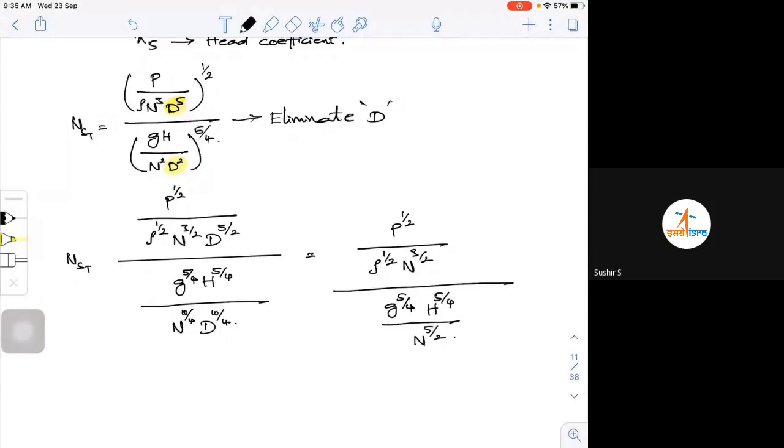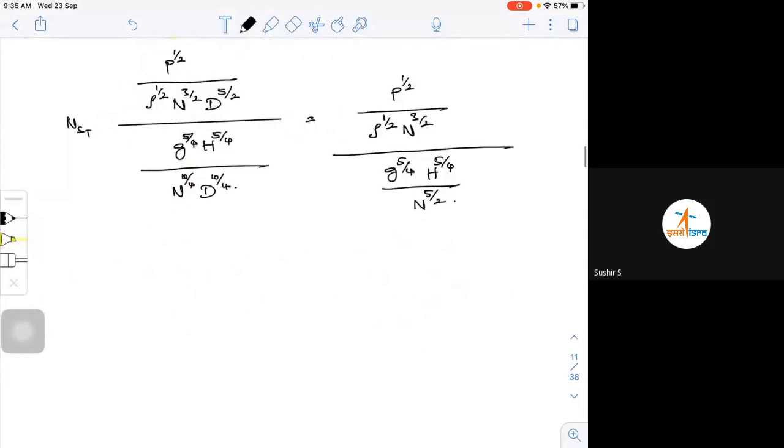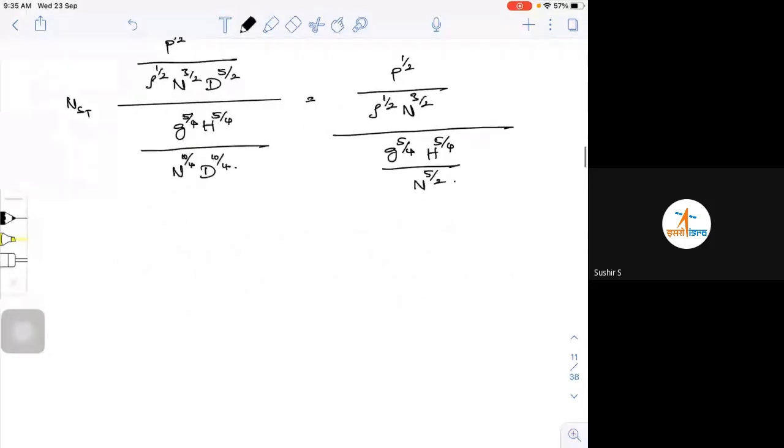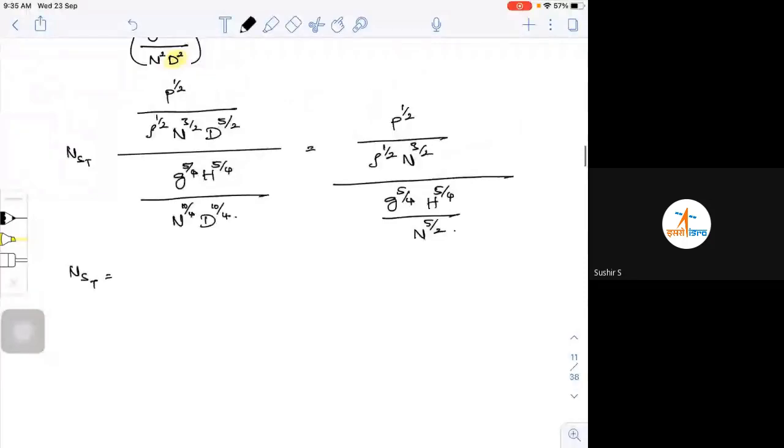I can simplify this further. I will take the denominator to the numerator, that is n to the power of 5 by 2 minus 3 by 2. I am left with n.